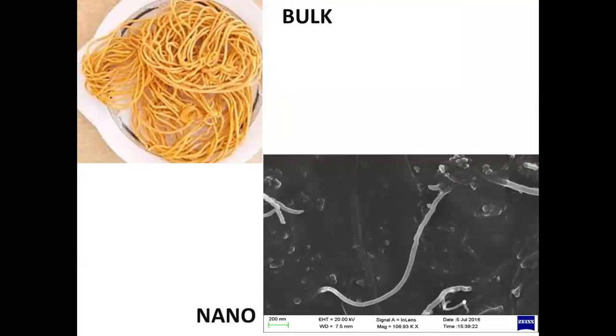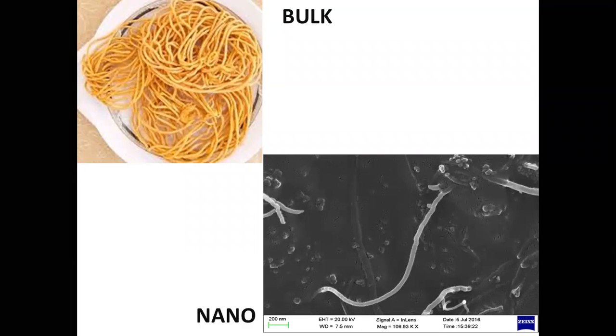Now, the 1-dimensional material. The best example is the karra. I am taking these food items because we see them in our daily life, so we can remember easily. Fullerene is a 0-dimensional material, and carbon nanotube is a 1-dimensional material.